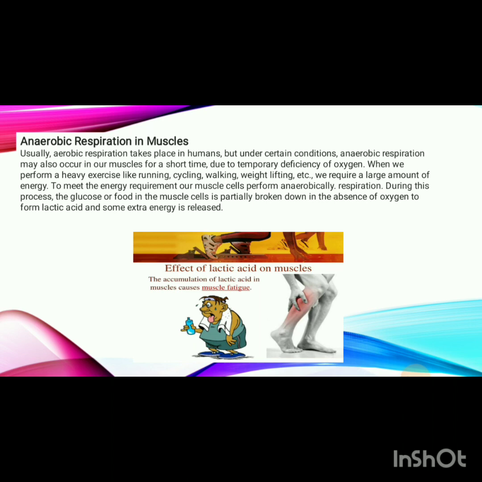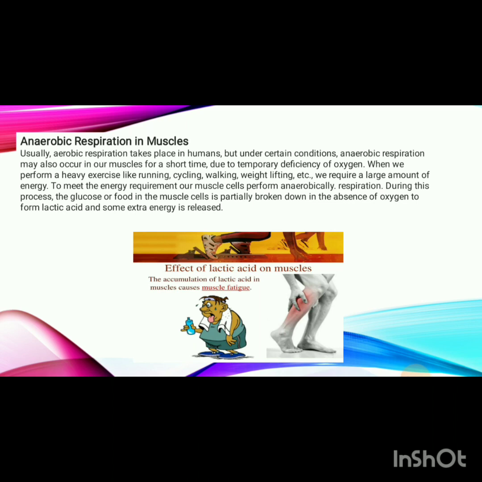When we perform heavy exercise like running, cycling, walking, or weightlifting, etc., we require a large amount of energy. To meet the energy requirement, our muscle cells perform anaerobic respiration, but it is for a short period of time.